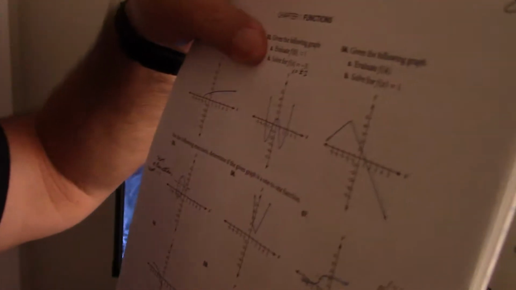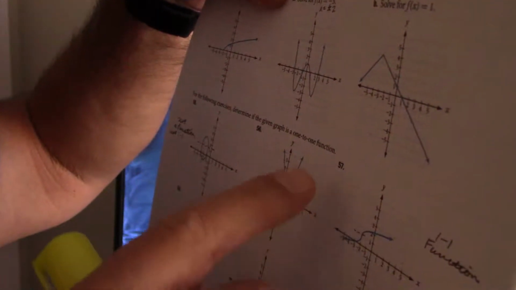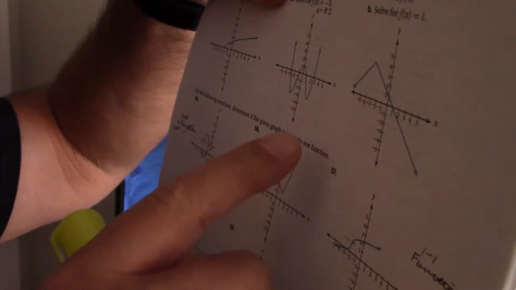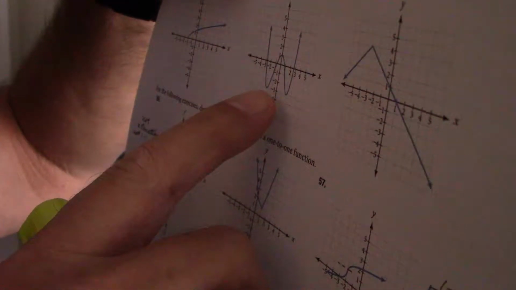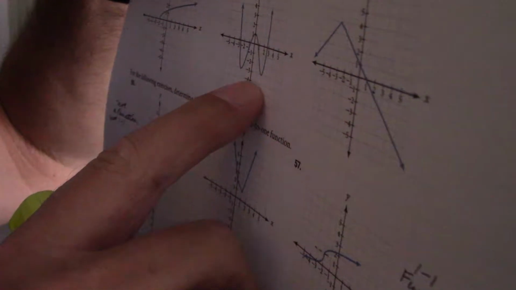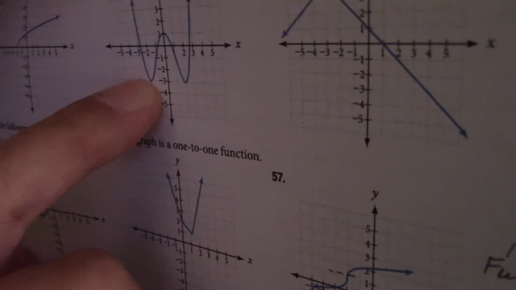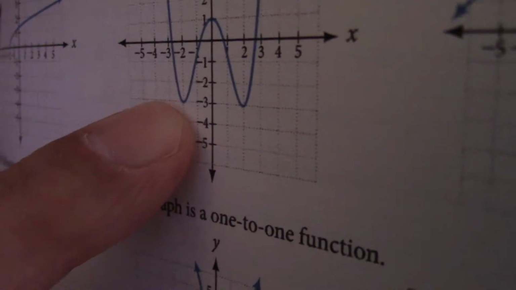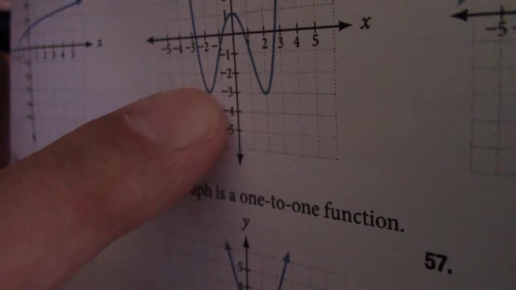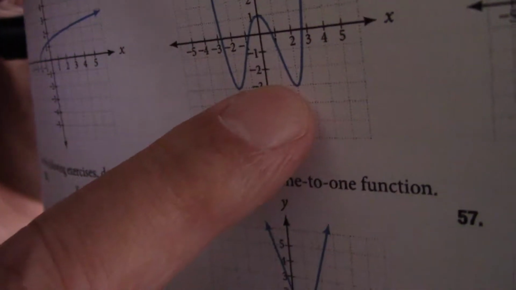Solve for f of x equals negative 3. That's part B. Okay, f of x equals negative 3. In other words, y equals negative 3. You can always go y equals f of x, all right? So what's x when y equals negative 3? Well, it looks like there are two places that work here. Zoom in here. There's y equals negative 3 there, and there.